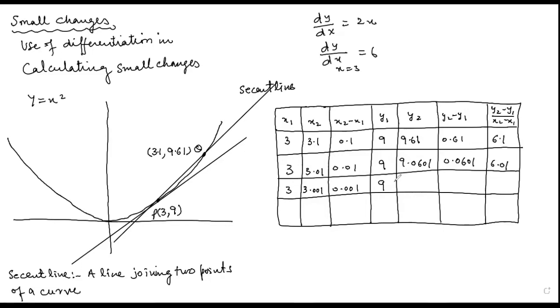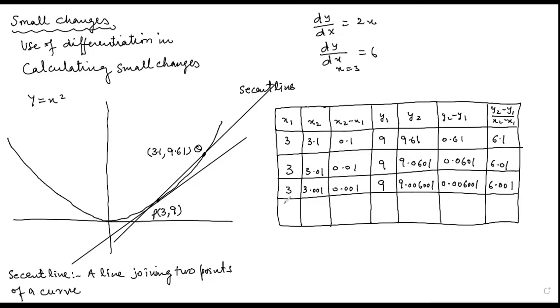We put x is equal to 3.001 into y is equal to x square, and the value of y is 9.006001. The change in y is 0.006001, and the gradient of the secant line now is 6.001.